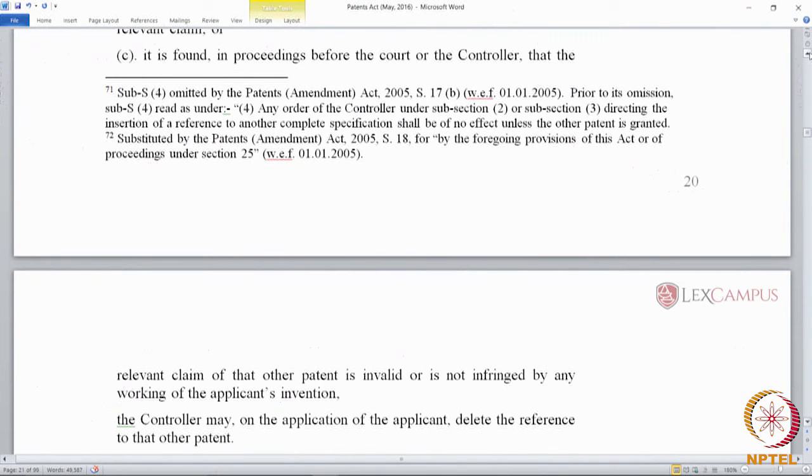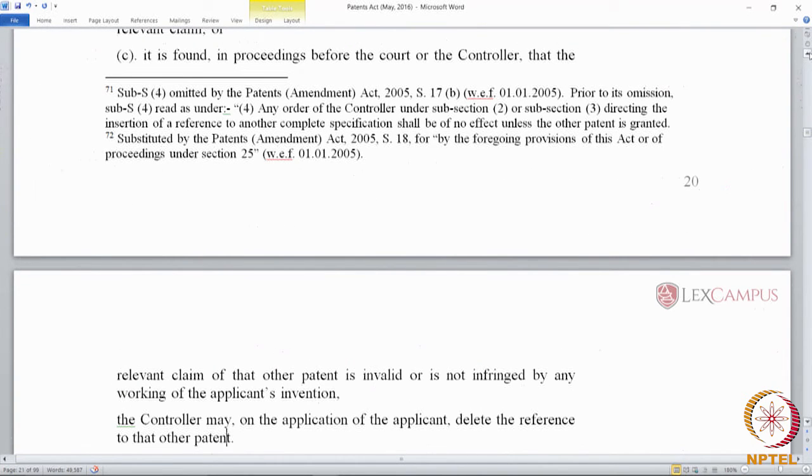In invalidity, you are going to question the grant of the patent itself. If you question the grant of a patent, you are going to say that this patent should not have been granted. Whereas, a declaration that you are not infringing merely states that what you are doing is outside the scope of the claim. So, this provision actually talks about two things that can come in an infringement suit.